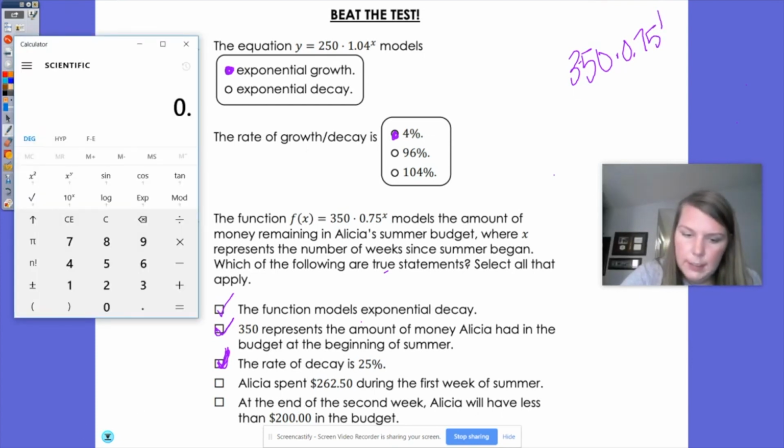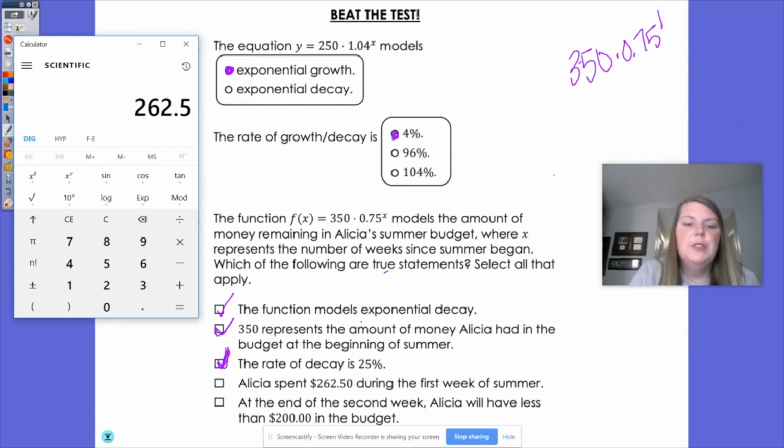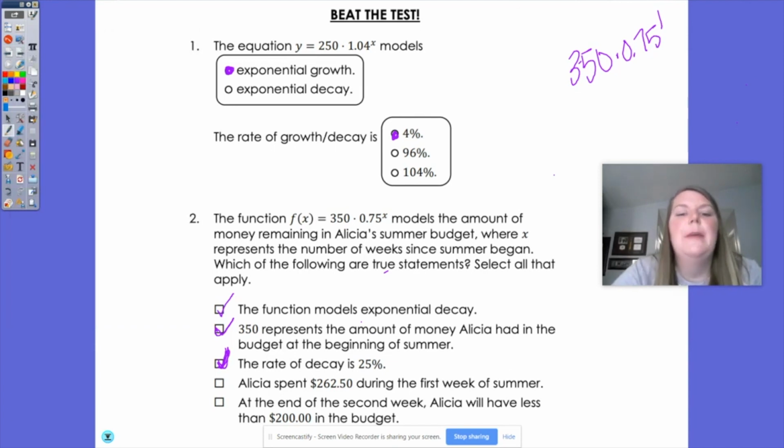So 0.75 times 350 would be 262.50. Which is the number that they're giving, but it's asking if that represents the amount she spent during the first week, and that's not. That's the amount of money she has left after the first week. So that fourth one is not correct.